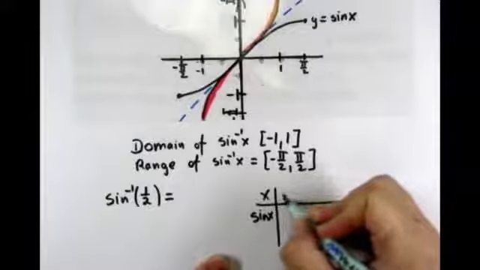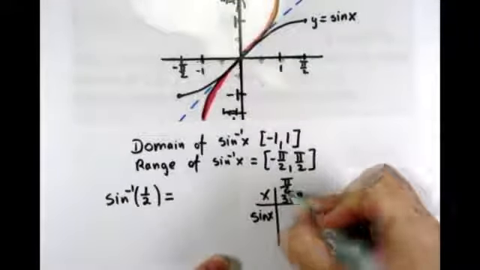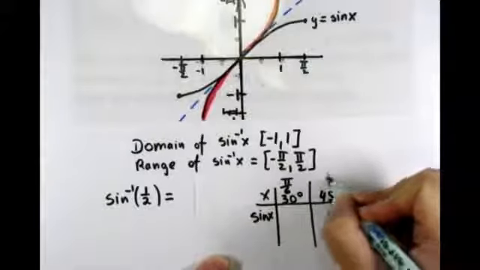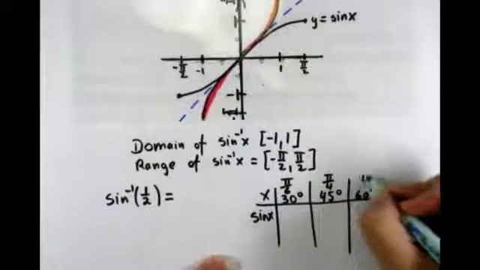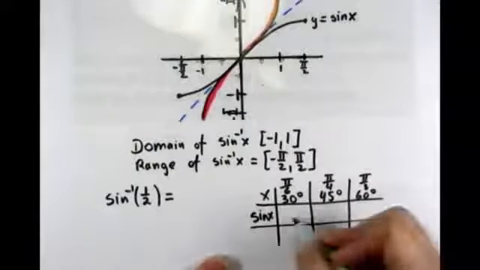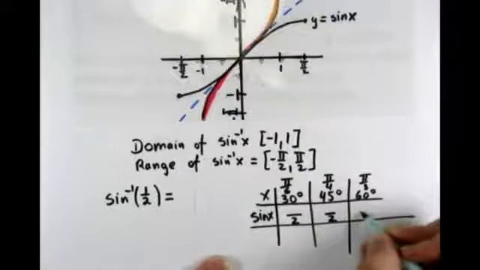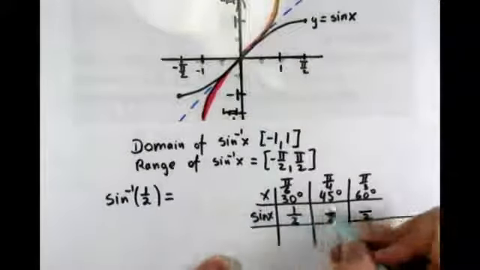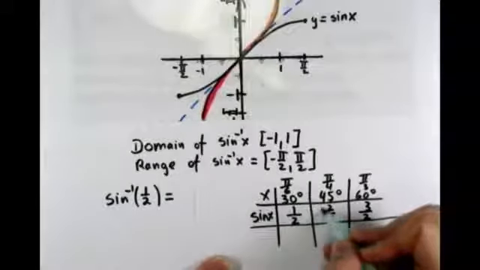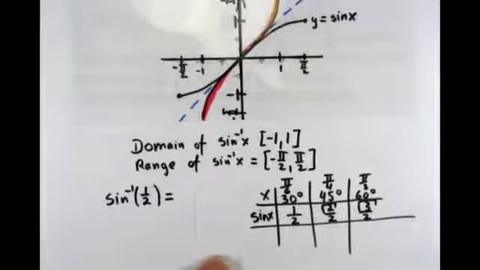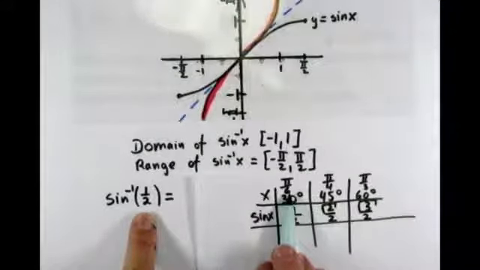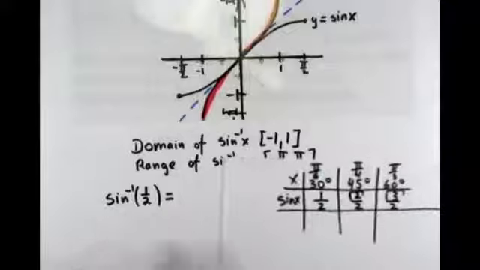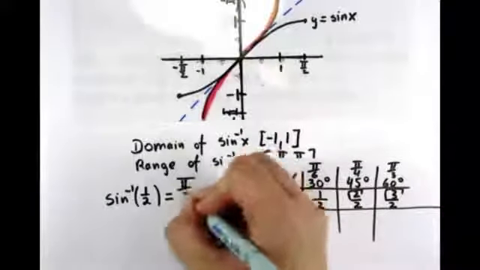So here was 30, which is pi over 6, 45, which is pi over 4, and then we have 60, which is pi over 3, and how was it? Over 2, over 2, over 2, and on the top was 1, 2, and 3, and we take square roots. Square root of 1 is 1. So sine is 1/2. So now sine inverse of 1/2 is nothing else but pi over 6. So this one is pi over 6.